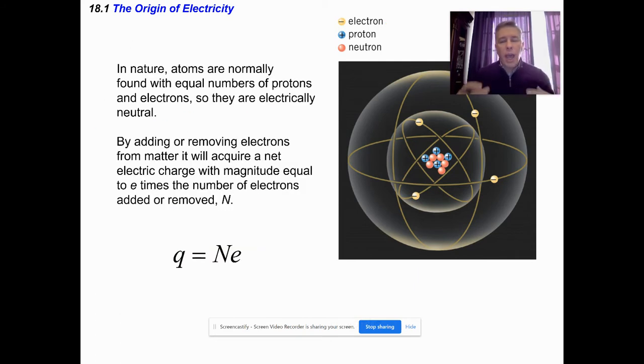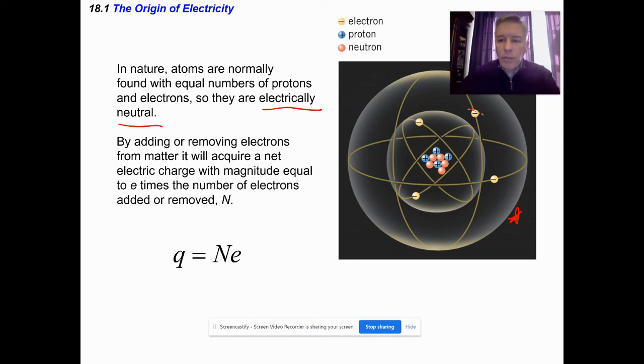So in nature, when you have a normal atom, for example, if this was my atom over here, notice I have 1, 2, 3, 4 electrons, 1, 2, 3, 4 protons. That means it's electrically neutral. But if I were to remove some electrons or add some electrons, it would change that. It's going to have a quantity of charge, a magnitude, equal to the number of electrons I add or remove.